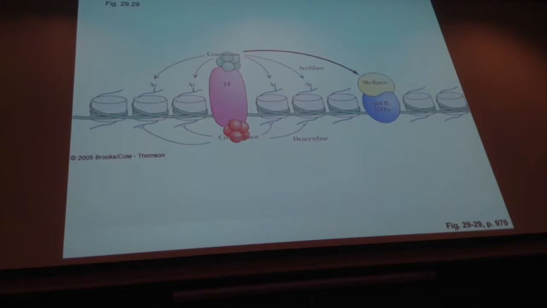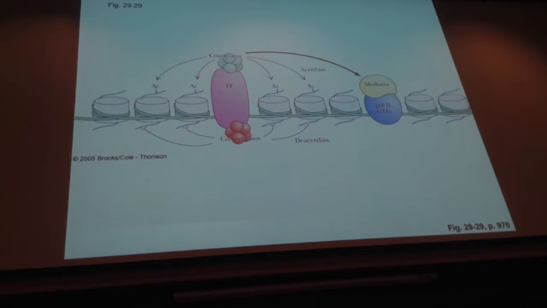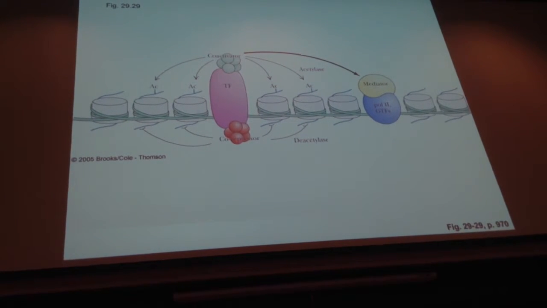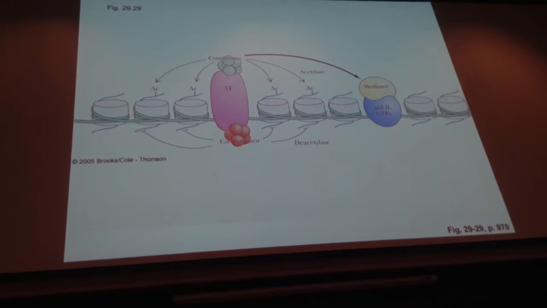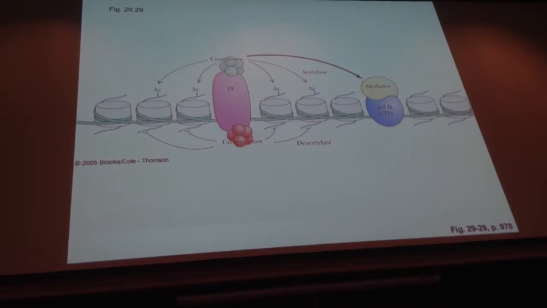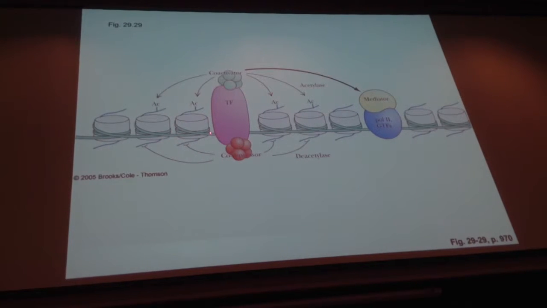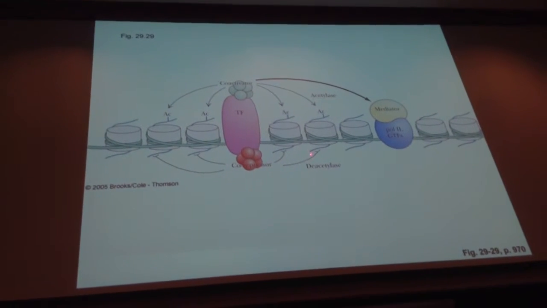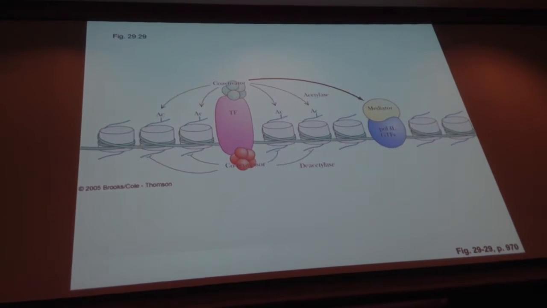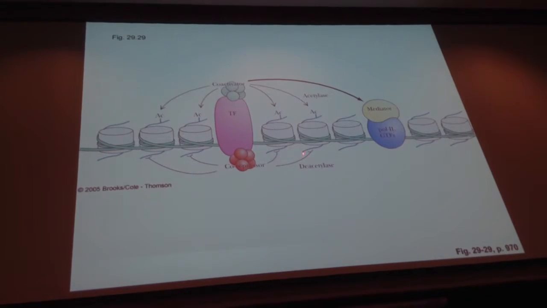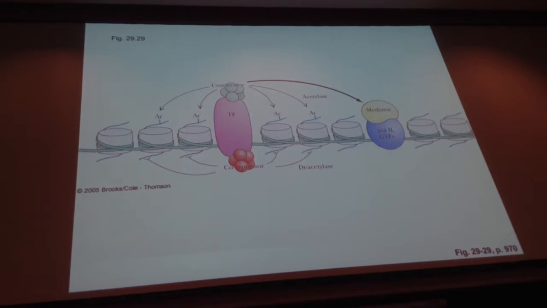We can't talk about everything they do, but we talk about one thing they do, and that is that these remodeling complexes have co-activators and co-repressors associated with them. And the co-repressors are the deacetylases that we talked about. HDAC is a co-repressor. You can see it deacetylating these tails, and that would cause them to come together.